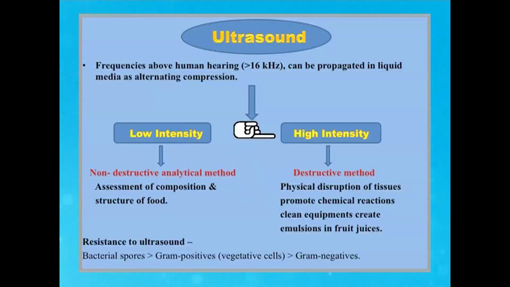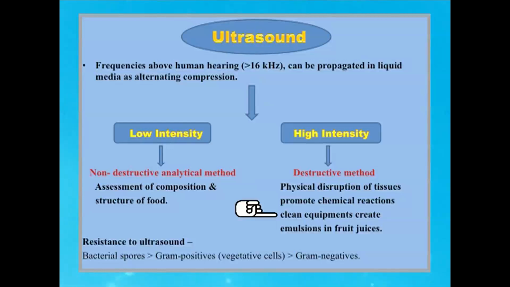However, if we use an ultrasound of high intensity, this is called the destructive method, which is used for the preservation. Here, it disrupts the physical properties of the microbial cell, that is, the destruction of the tissues takes place. It promotes the chemical reaction. It also is used for the cleaning of the equipments.